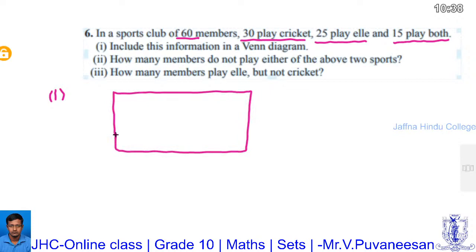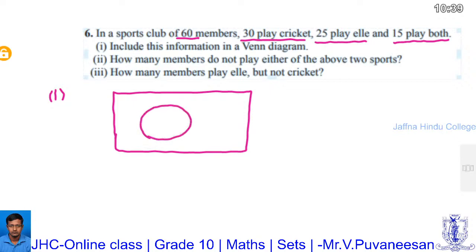There are two types of sports, cricket and LA. There are 15 players playing both, so here is the intersection.